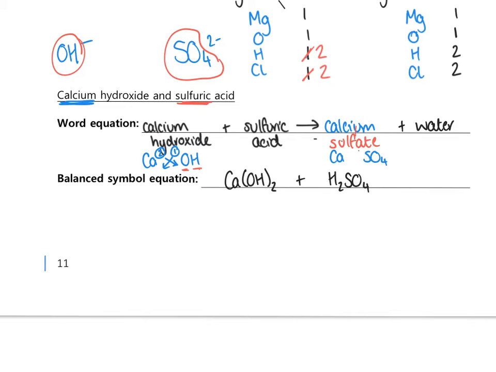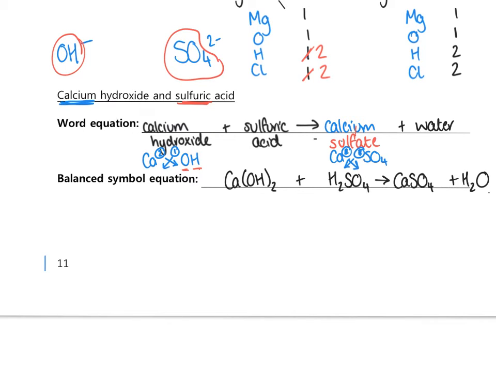My charge is 2 minus, so the valency is 2. Calcium is group 2, so it also has a valency of 2. Those number 2s are going to cancel down to 1 to 1. Then when I swap and drop, I will get CaSO4. There's no number outside the brackets, so I don't need to include them. It's just CaSO4 plus water on the other side.